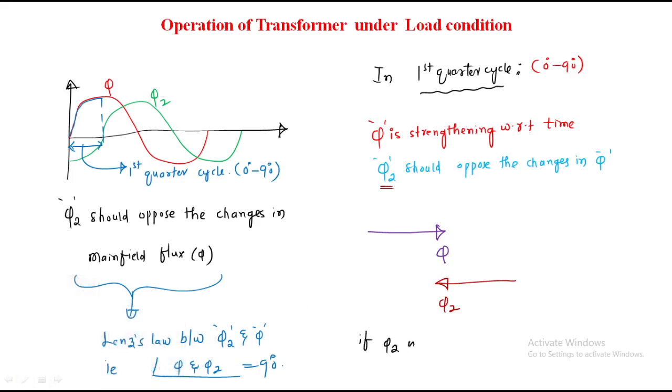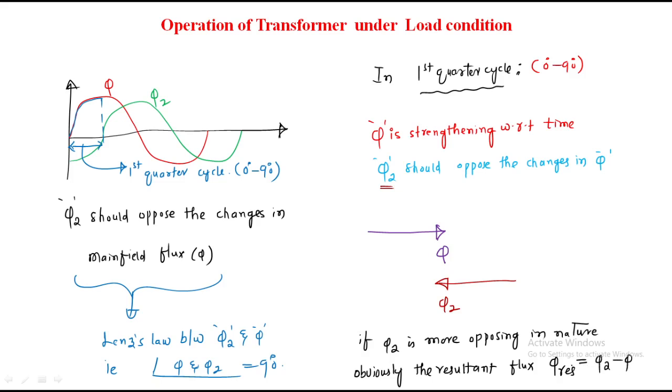If phi 2 is more opposing in nature, obviously the resultant flux, phi resultant, should be phi 2 minus phi, right? Because phi 2 is more opposing in nature, so the resultant flux is there.